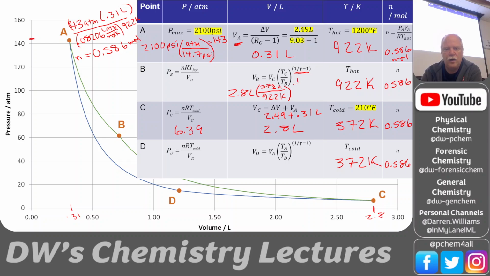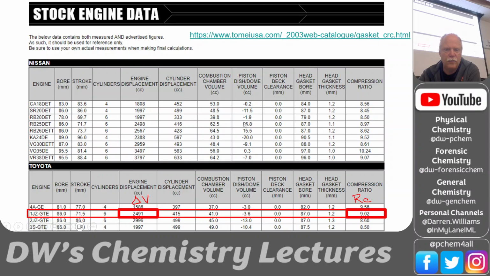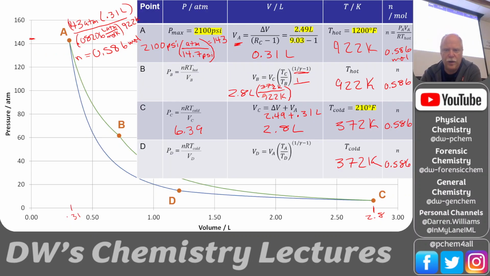Raised to the 1 over, and what do we say, 5/3? Previous page. What was it? 5/3, okay. 1 over 5/3 minus 1. So 5/3 minus 3/3 is 2/3.